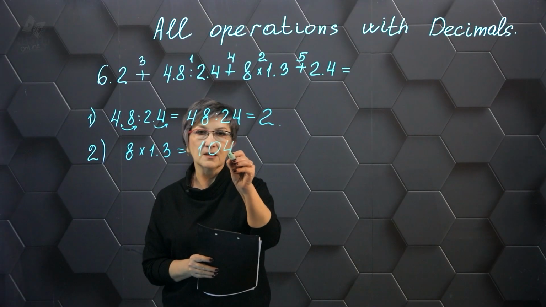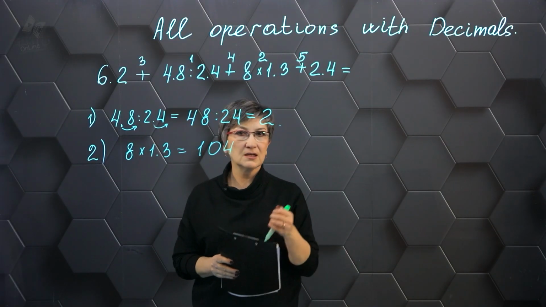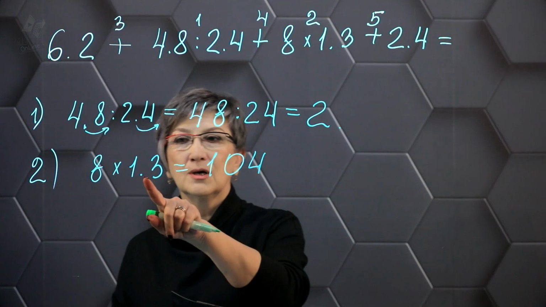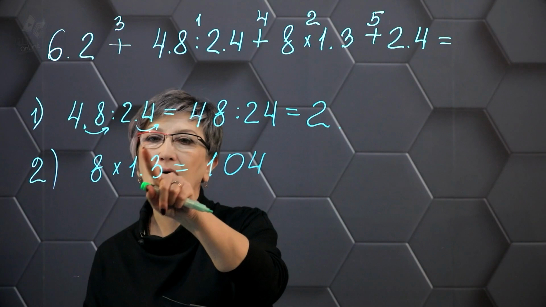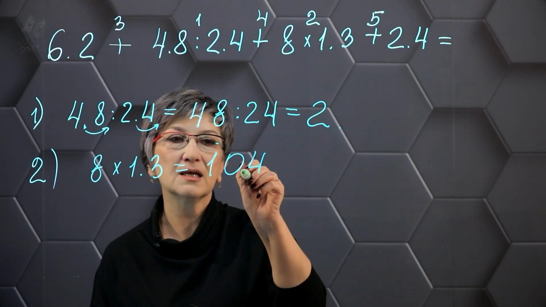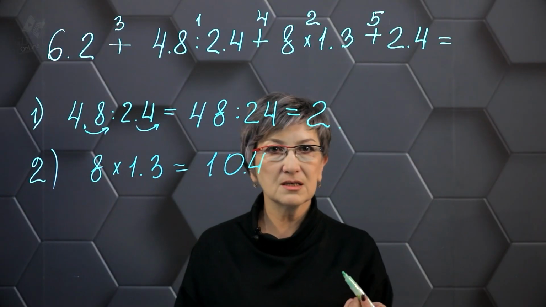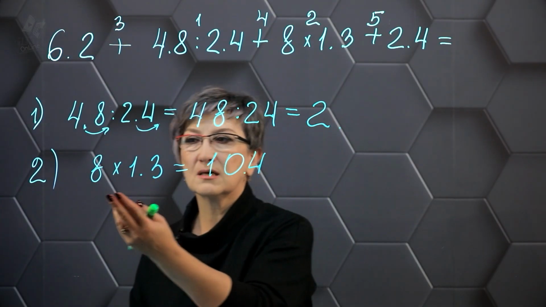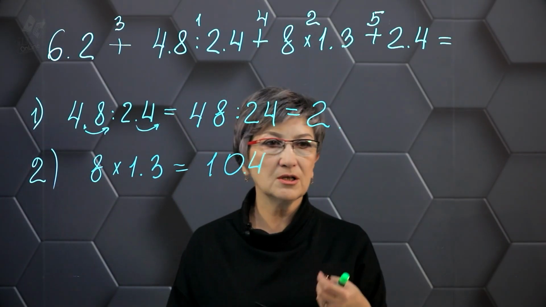That would be 104. Well, now I have to mark the decimal point in the answer. I have a rule that I follow when it comes to marking numbers after the decimal point. It's all about multiplying. Take 8 multiplied by 1.3.